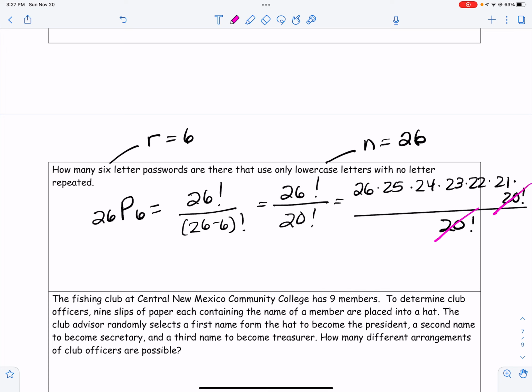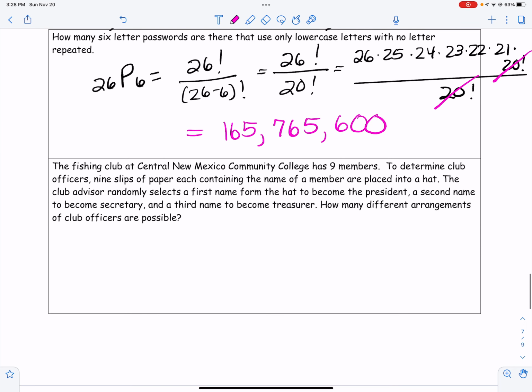So we are multiplying 26 all the way down to 21, and that gives us 165,765,600. Okay?